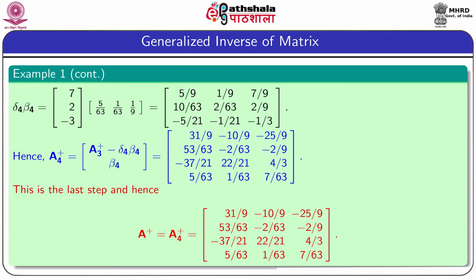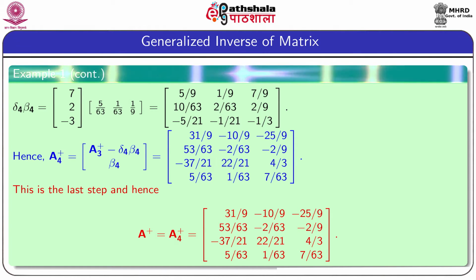Second row is 53 by 63, minus 2 by 63, minus 2 by 9. Third row is minus 37 by 21, 22 by 21, 4 by 3, and the last row is 5 by 63, 1 by 63, 7 by 63.